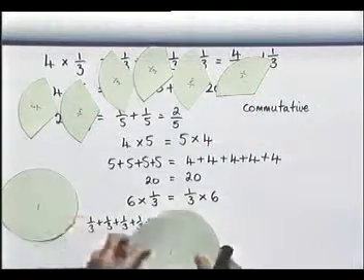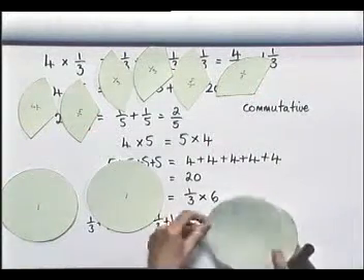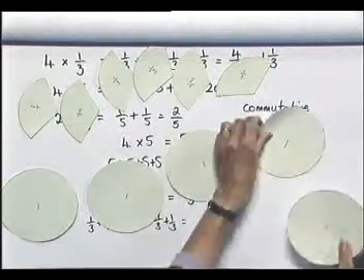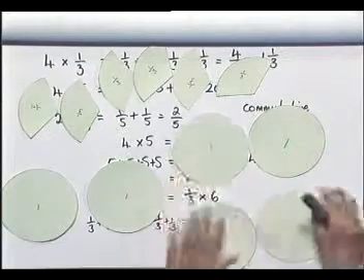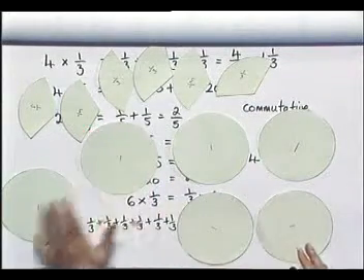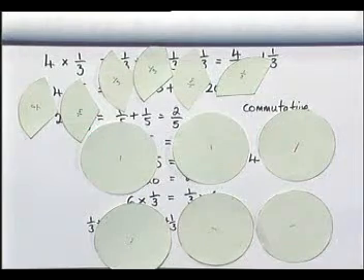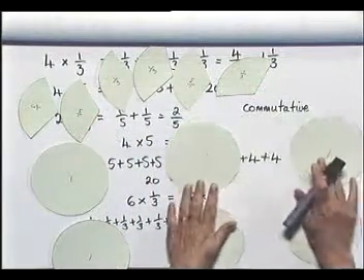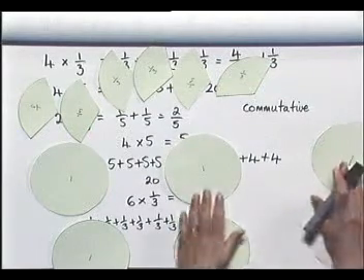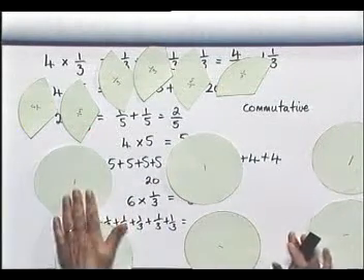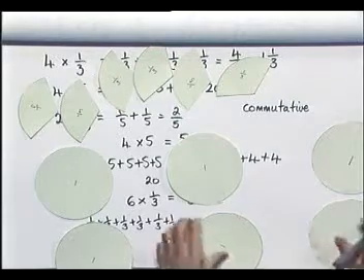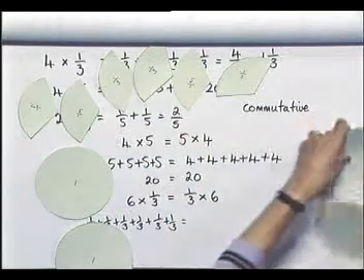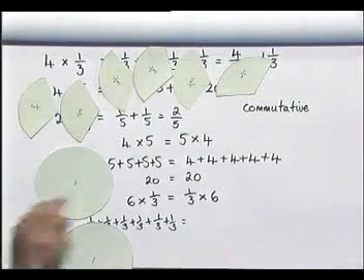So let's take 6. 1, 2, 3, 4, 5, 6. And I want 1/3 of that 6. So it's like sharing it out between 3 people. There's one person's, another, and another. I want 1/3, so I'll just remove the other 2/3.